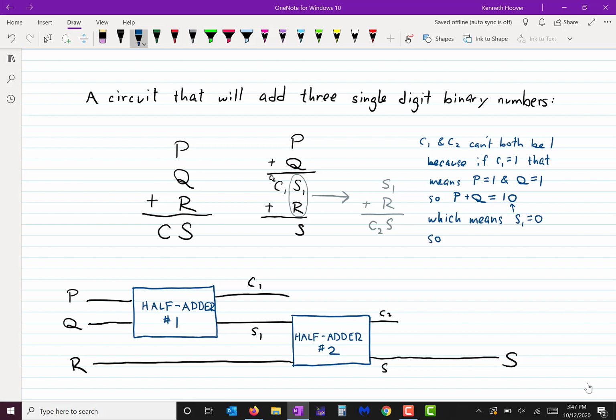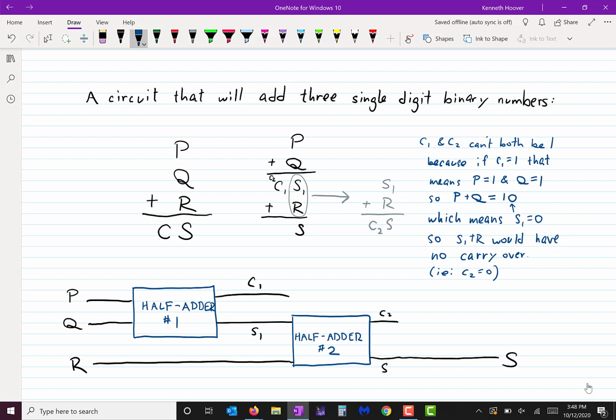So S1 plus R would have no carryover. In other words, C2 would be nothing. Okay, so if C1 is a 1, then C2 has to be 0.